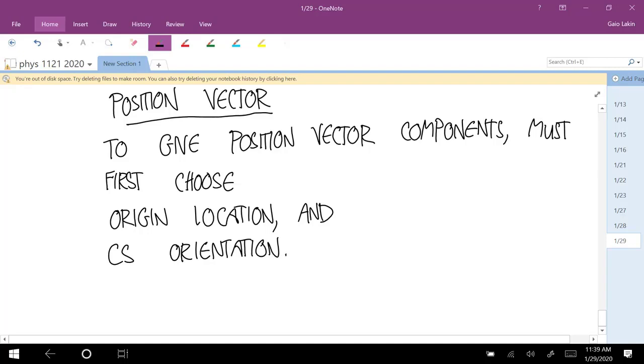Okay, so this position vector is not defined until you make these two choices. Is that familiar at all? That's analogous to what we did in one dimension. These are like the 2D version of the zero position and the positive direction.